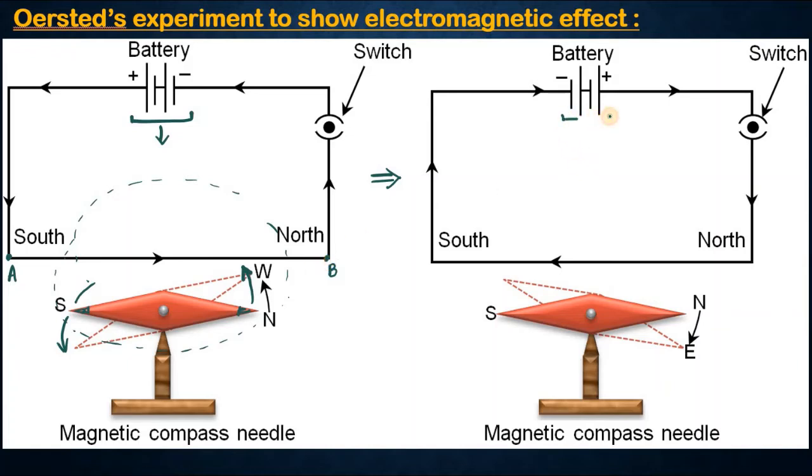Whereas in the second figure, the negative terminal is brought towards the south pole and the positive terminal is taken towards the north pole. So he changed the polarity of the battery and switched it on. Now the current starts to flow from the positive terminal and reaches the north pole. Now the current in the conductor AB is flowing from B to A, or from north pole to south pole.